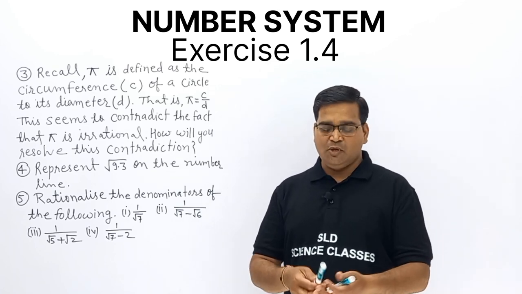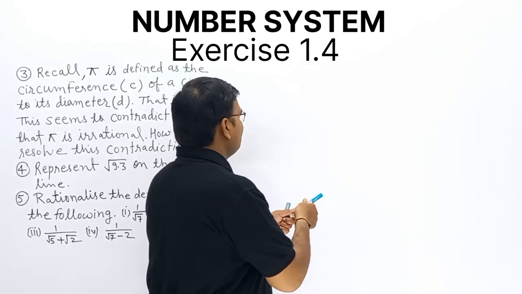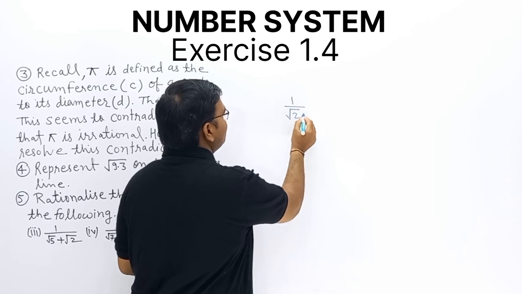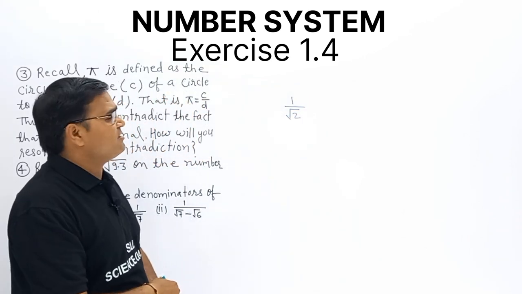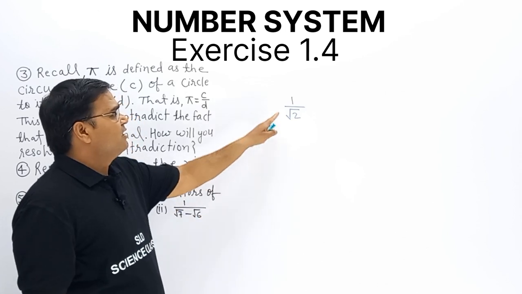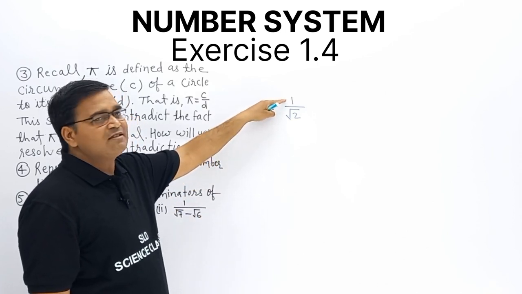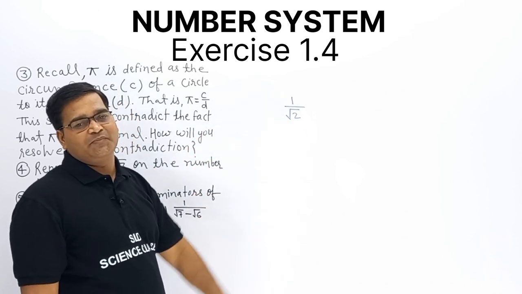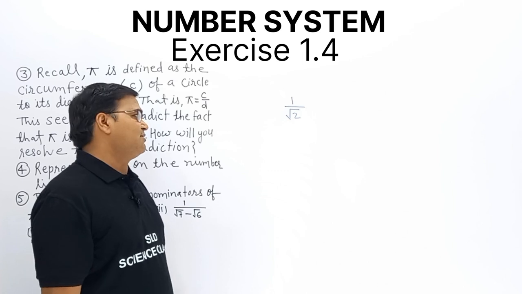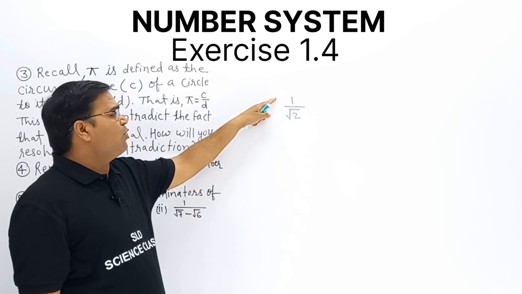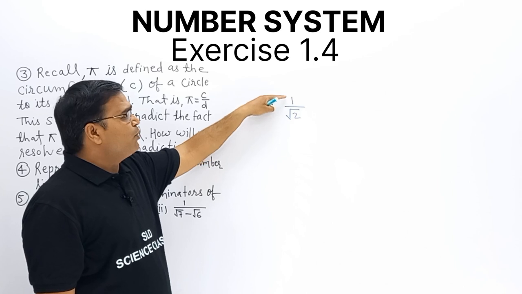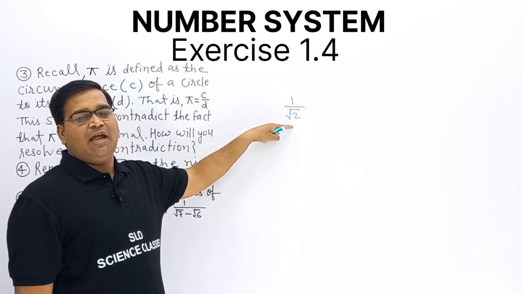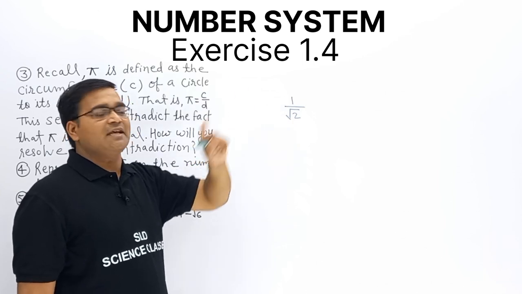Let me take one example, 1 upon root 2. Now is this rational or irrational? I already discussed that the division of a non-zero rational and an irrational number is irrational, and the product is also irrational.